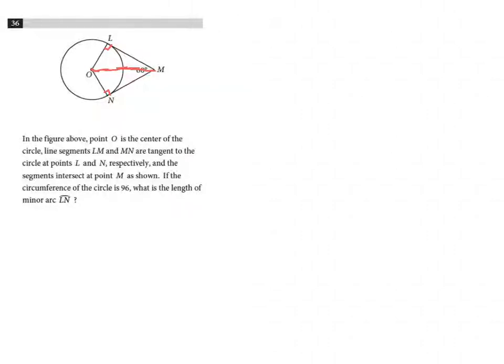And if this was 60, now this is 30. If that's 30, then this must be 60, and this must be 60. So the central angle is a total of 120 degrees.